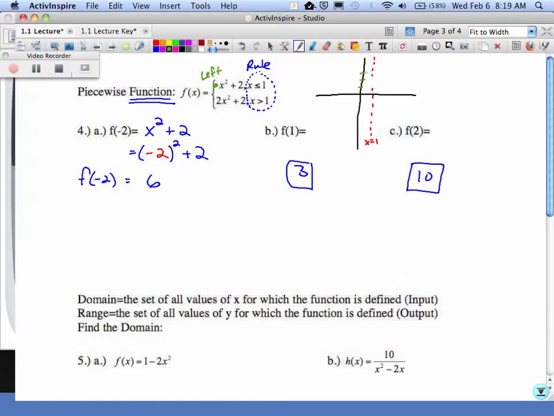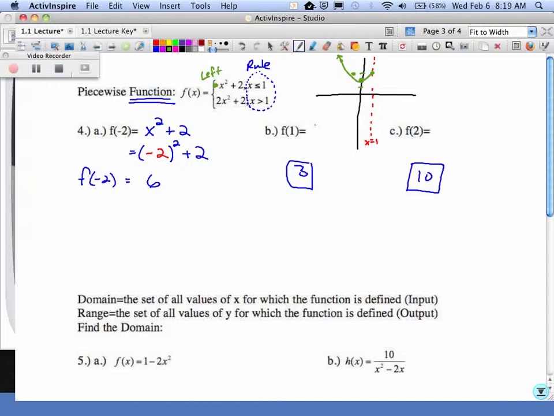So I'm going to go to 3. What happens when I plug in 0? What do I get? 2. What happens when I plug in -1? What do I get? What happens when I plug in -2? 6. So it's going like this, right? So you're only seeing this much of the parabola because you're not allowed to go onto the right-hand side of the red line, right? You have to stop at that red line.